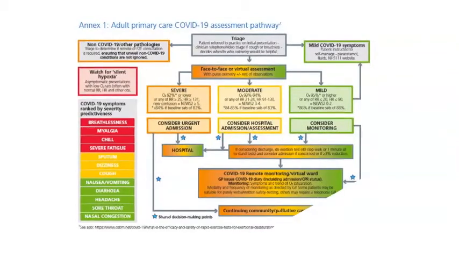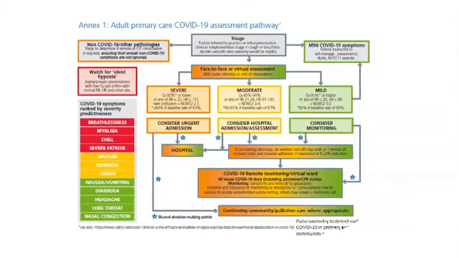No indications for antibiotics, no indications for thromboprophylaxis, except if they have other risk factors. For the moderate, they will need antibiotics to start at this stage, and the thromboprophylaxis will depend upon the risk factors. But severe patients will need hospitalization for sure.